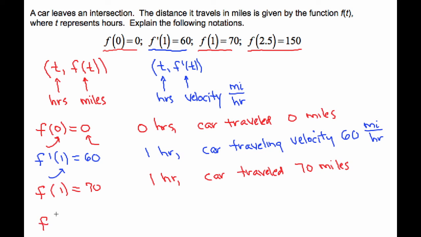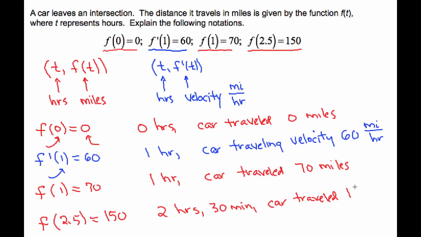And when the function is evaluated at 2.5, the output is 150. So when the car has traveled for 2 hours and 30 minutes, the car traveled 150 miles.